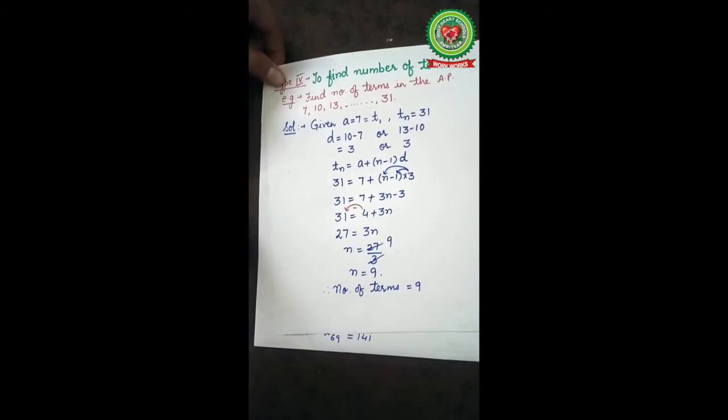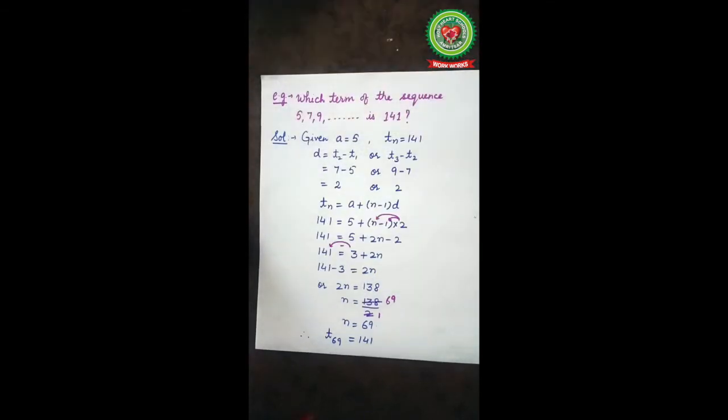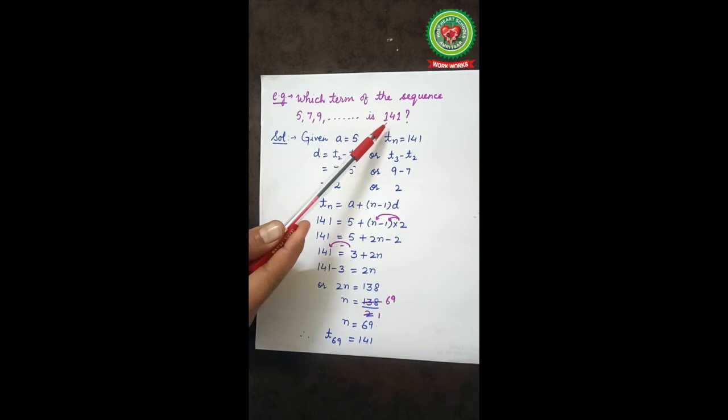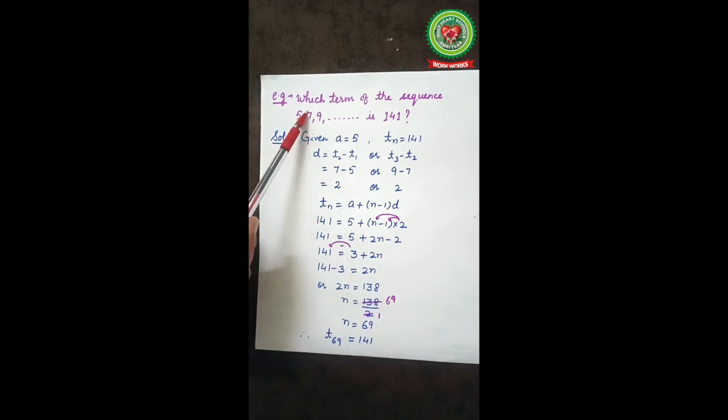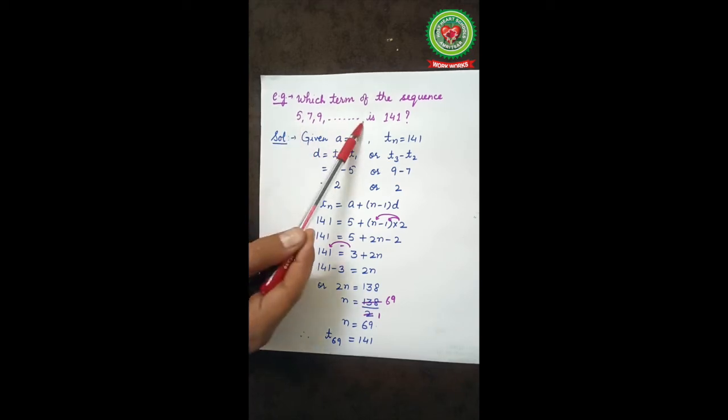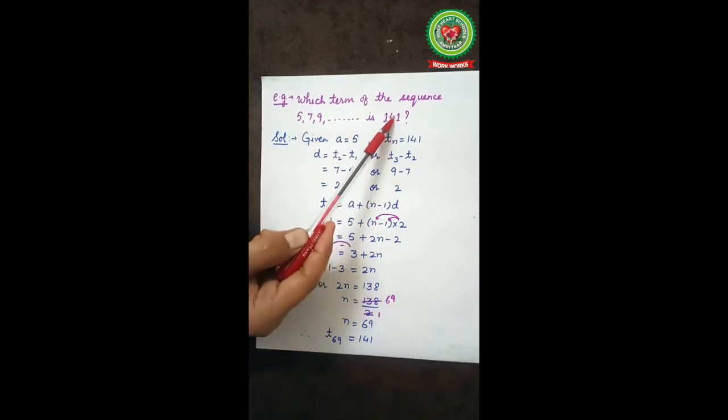Now, let's take one more example. Which term of the sequence 5, 7, 9 and so on is 141? Actually, the second and the third example are the same. They only twisted the statement. Here again, the same thing is given. Series is given and last term is given.